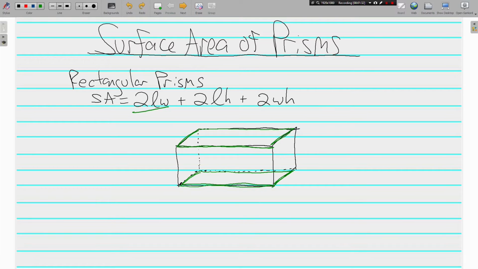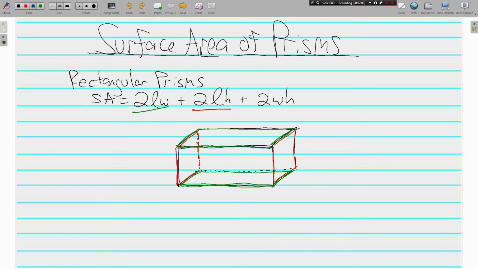Let's say it's those. And then I use another color. The left side here is another pair of bases. 2 of those. And we've got even a third pair of bases.